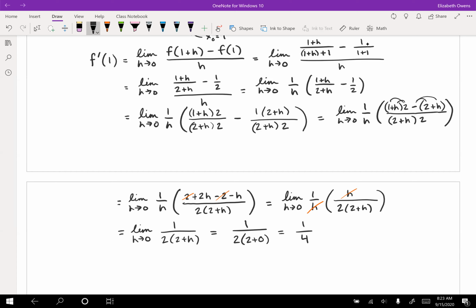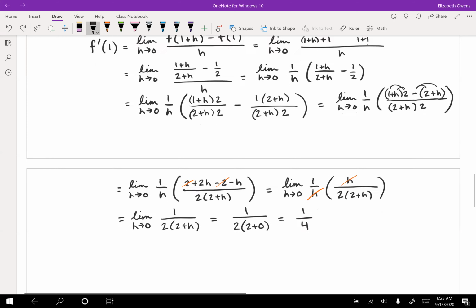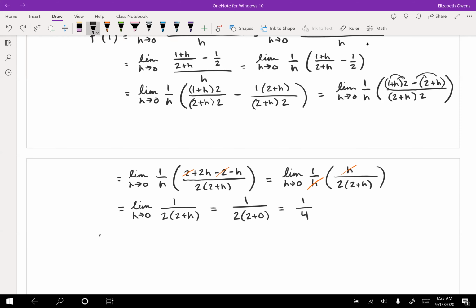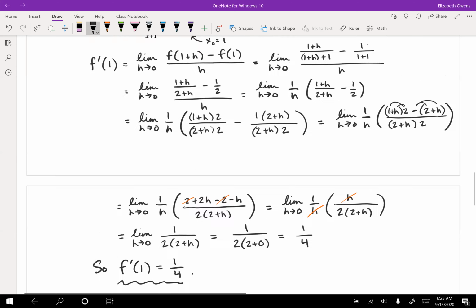So what we've just found, that is f prime of 1 equals 1/4 there. Let's write that. So f prime of 1 equals 1/4. Okay, so that was the first part to the problem there.